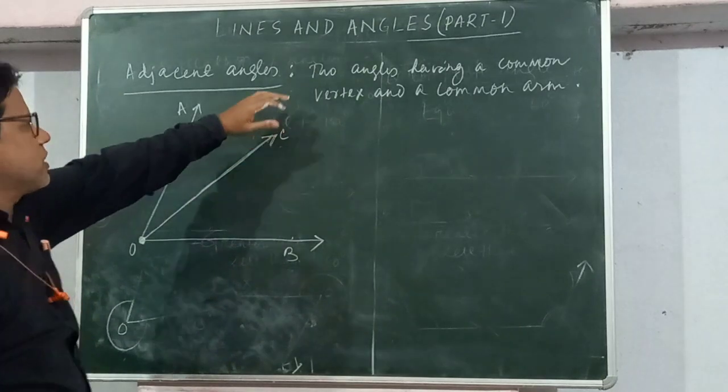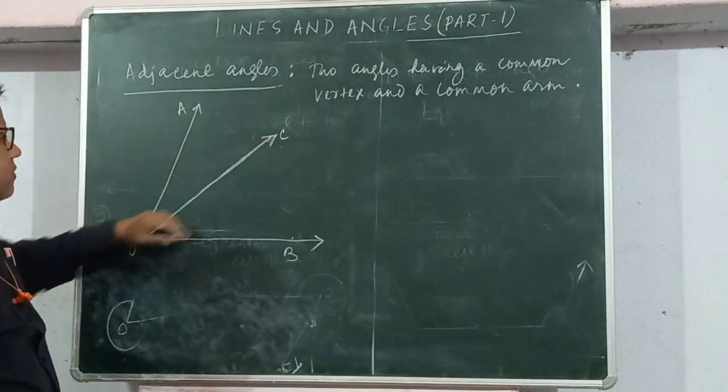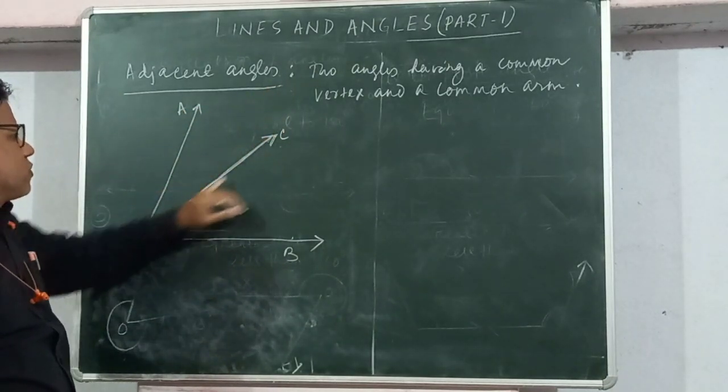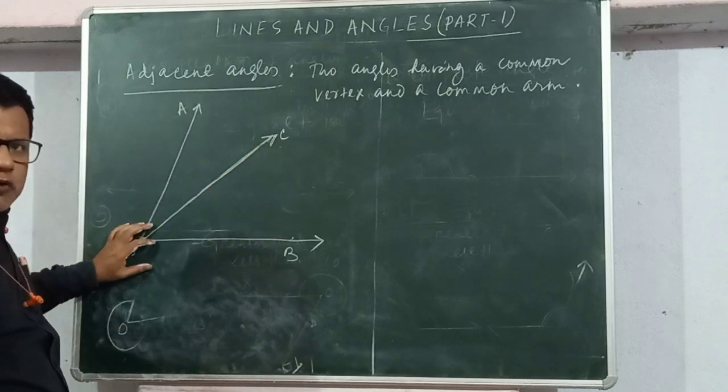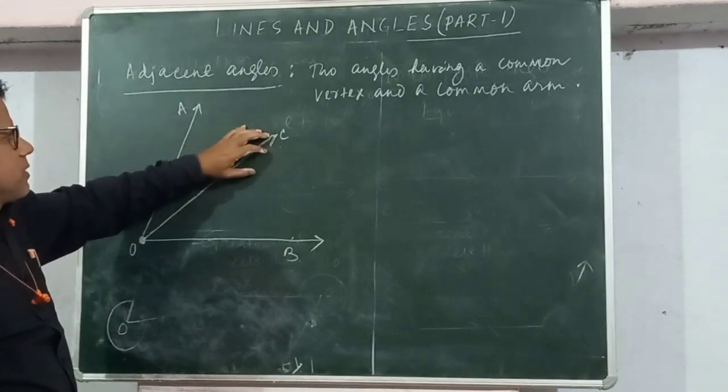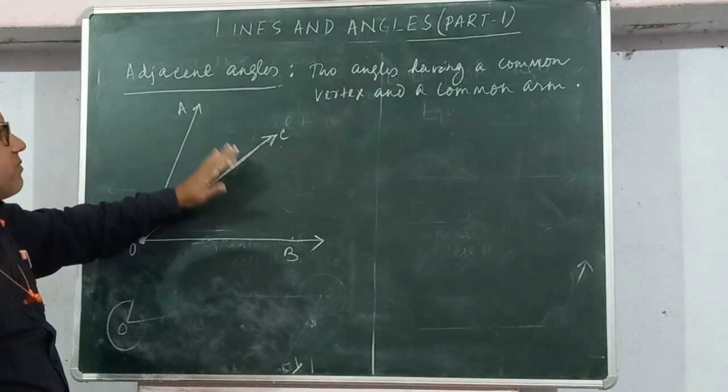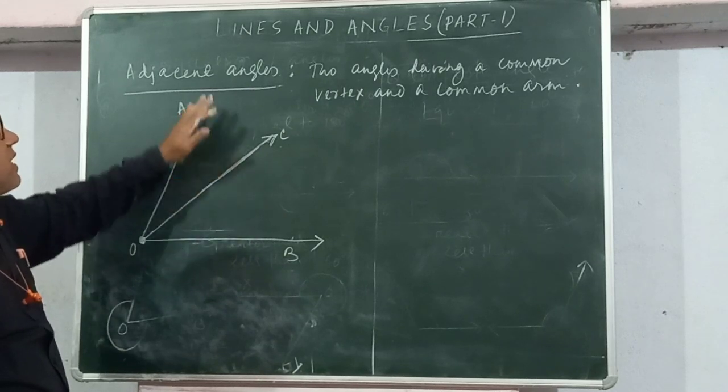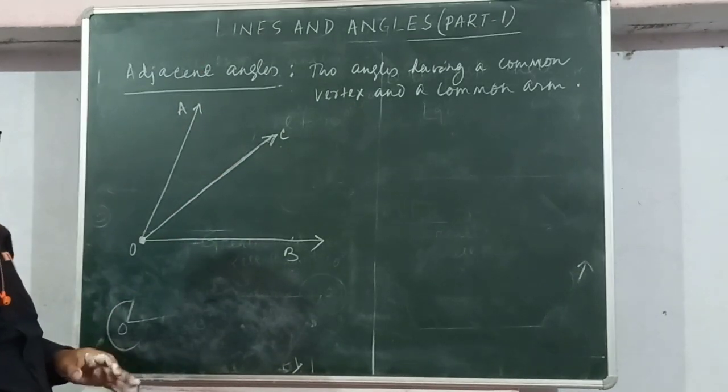Here, according to the definition, angle AOC and angle BOC have a common vertex O, and OC is the common arm. So AOC and BOC are called a pair of adjacent angles.